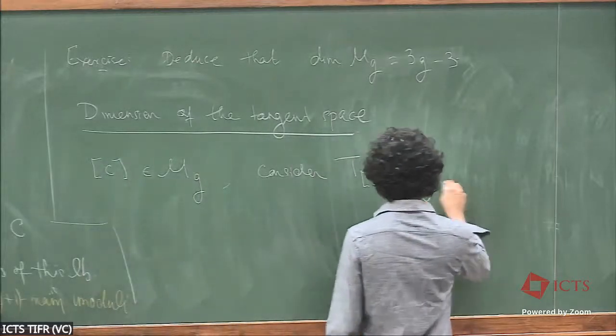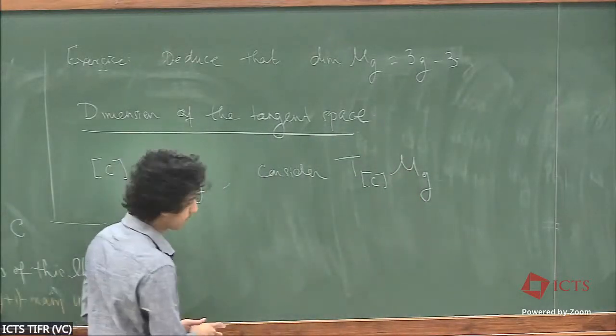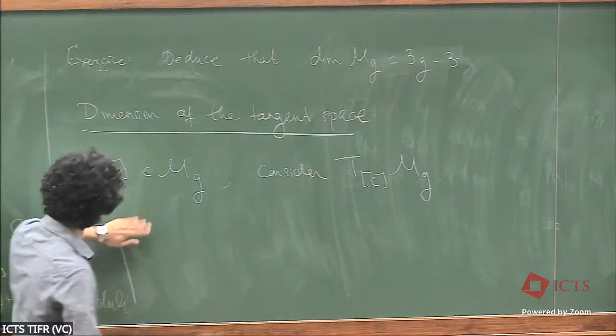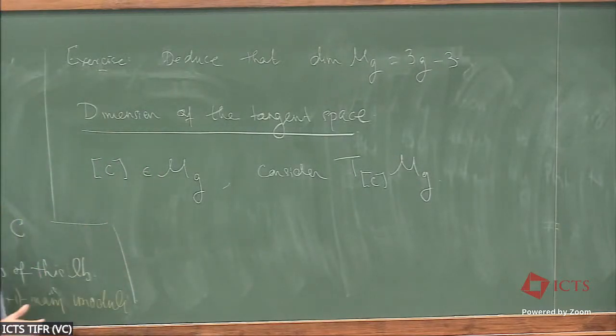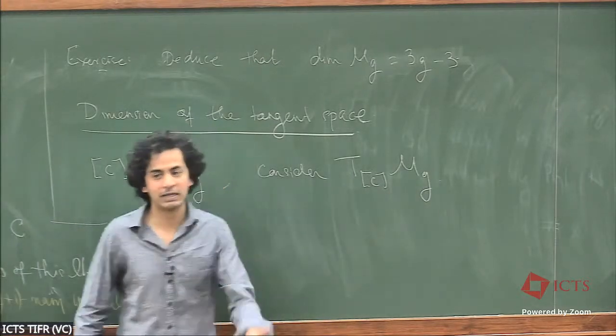Okay, so what is this? So you see, Mg is a moduli space. It's not just some random variety. Its points mean something, and so the tangent space also means something. Right?